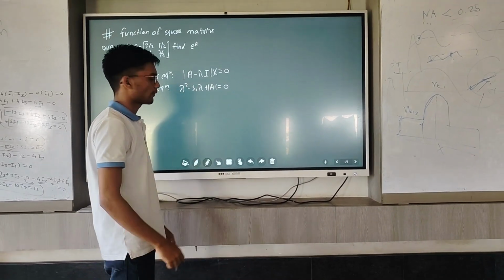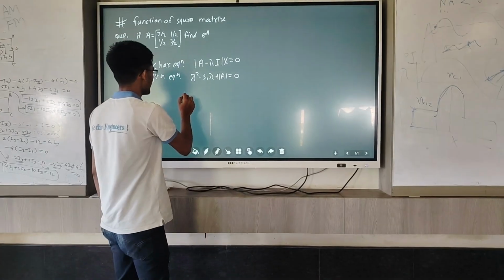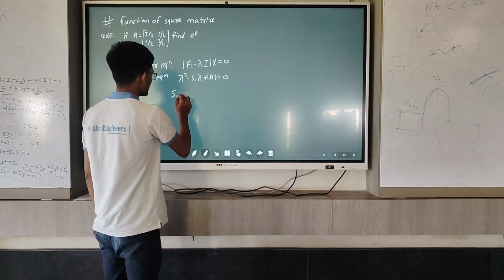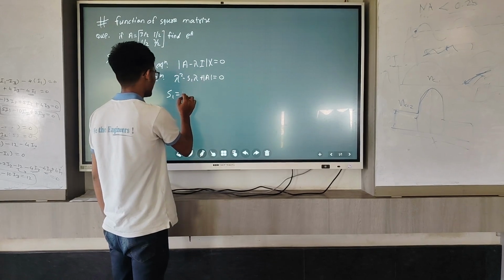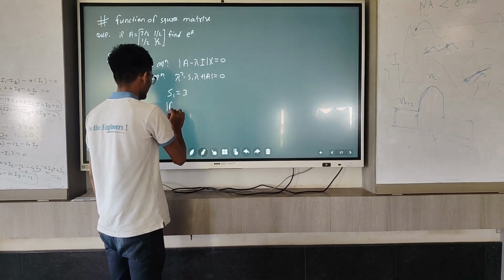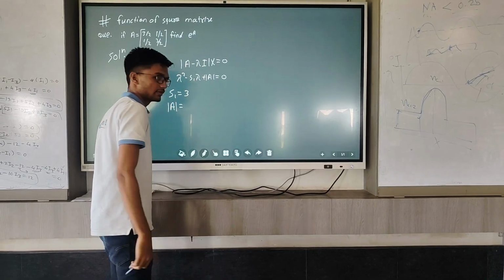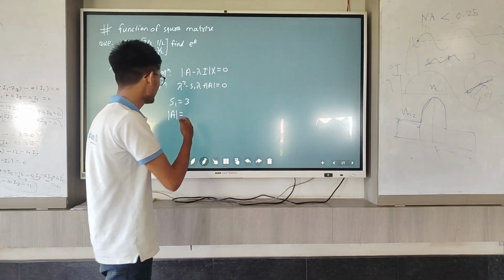For this, first of all we find s1 and determinant of A. For s1, the addition of all diagonal elements, so our s1 is 3, and determinant of A, by using calculator you can find the determinant of A, is 2.